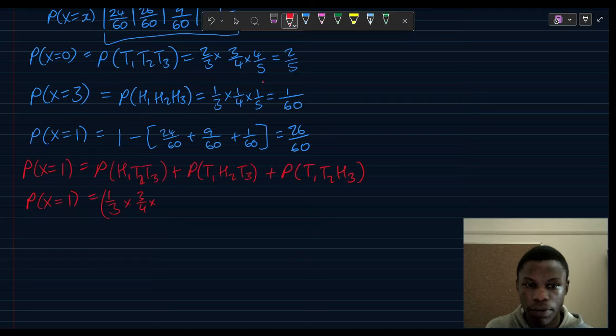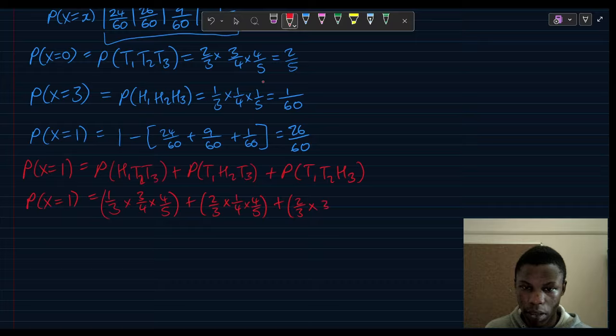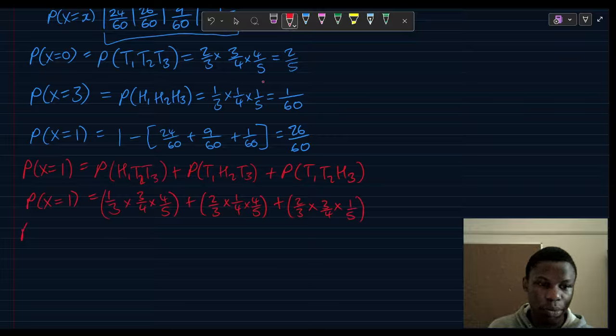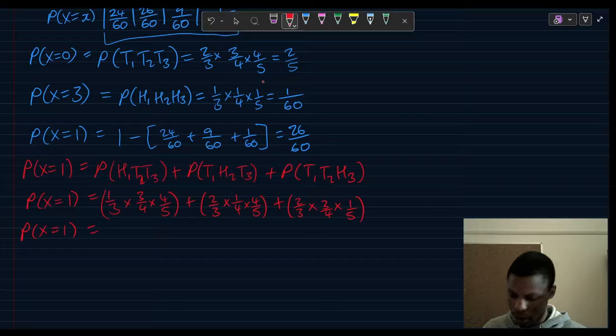Plus tail 1, which would have to be 2/3, head 2, that's a quarter, tail 3, that's 4/5, plus tail 1, that's 2/3, times tail 2, that's 3/4, times head 3, which is 1/5. And so for the probability that x is 1 here, we punch the whole thing into the calculator.